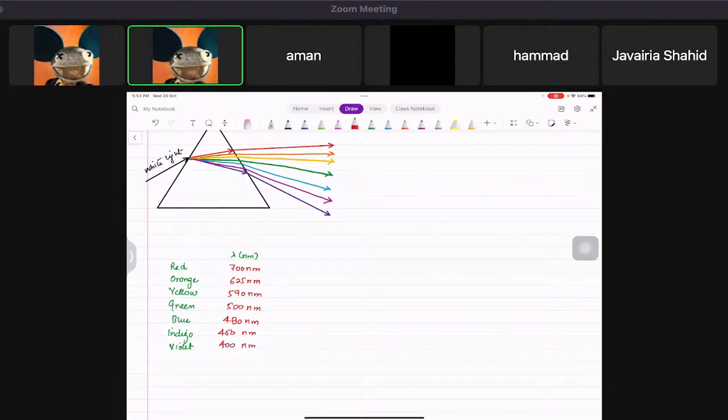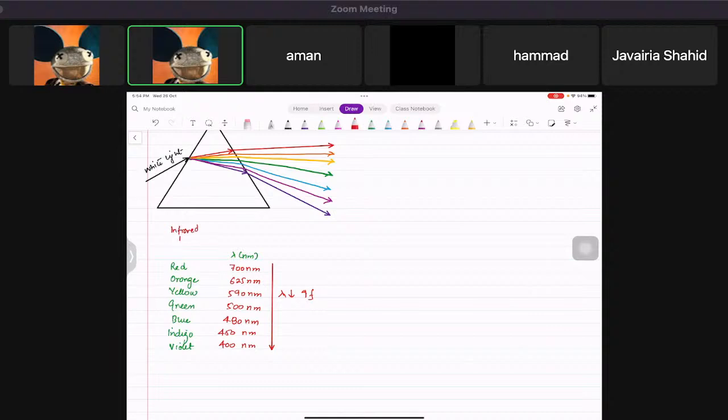So you got to remember that. Again, if you go from red to violet, the wavelength is reducing and frequency is increasing, so you got to remember that. And if you look at their position in the spectrum, before red you have infrared.